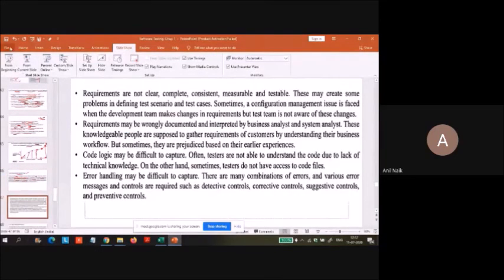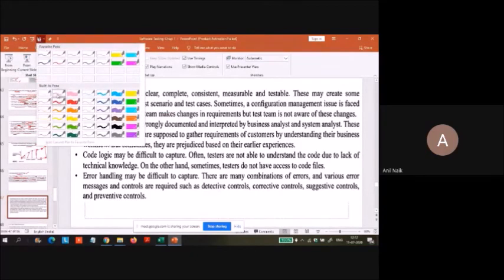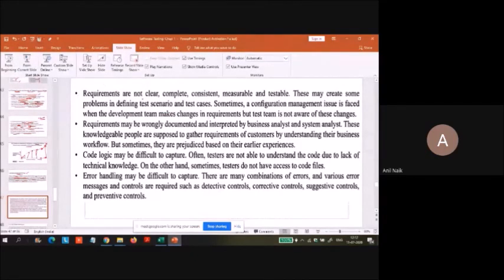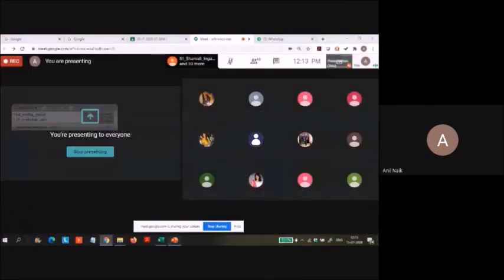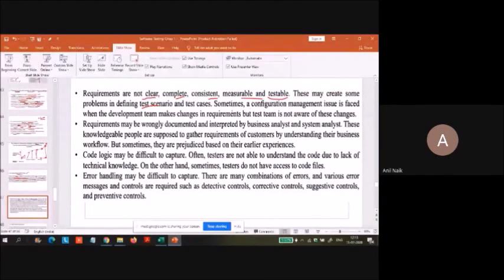So what are the challenges? The requirements are not clear, complete, consistent, measurable, and testable. These may create problems in defining the test scenarios and test cases.